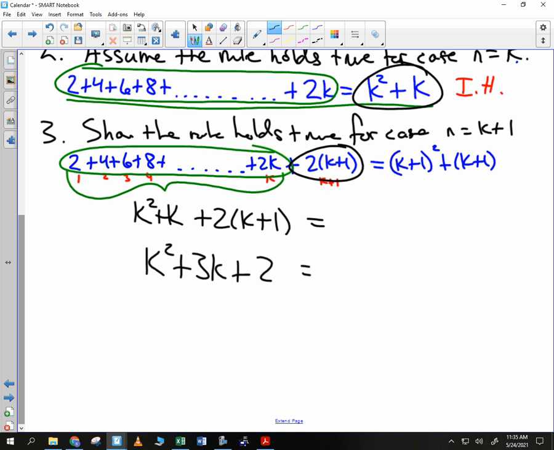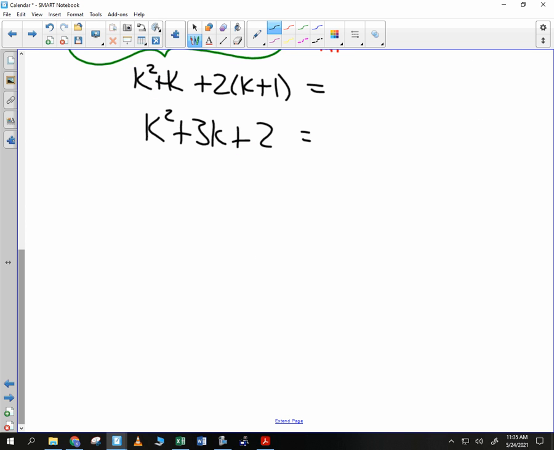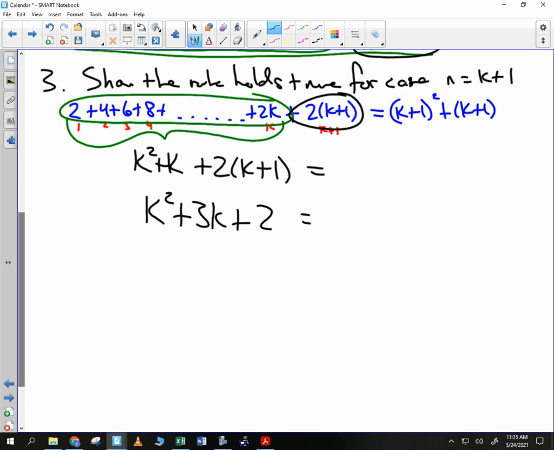But we can always look at it and see, oh, it looks like it's factored a little bit, doesn't it? So let's just go ahead and try to stretch things out a little bit. K squared plus, what does this multiply out to? K squared plus 2k plus 1, right? Plus 2k plus 1.